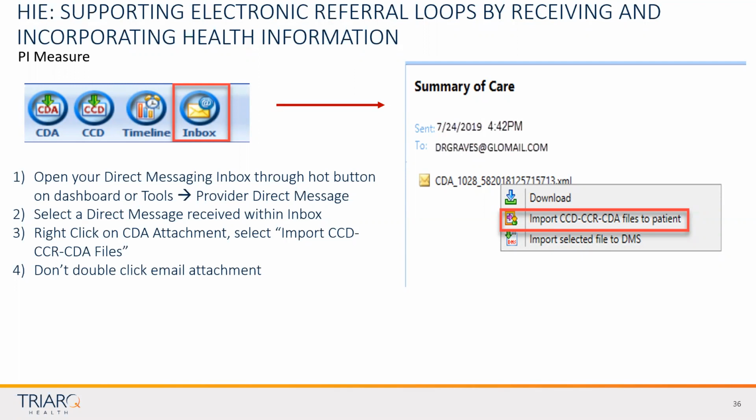And another thing I'd really like to mention on this particular slide is if you go ahead and get into your inbox, open up your email, and double click on that CDA attachment, you're going to get a bunch of HTML text, and that's not something that you want. So definitely just do a single right-click on that attachment, and then you'll see this drop-down screen.